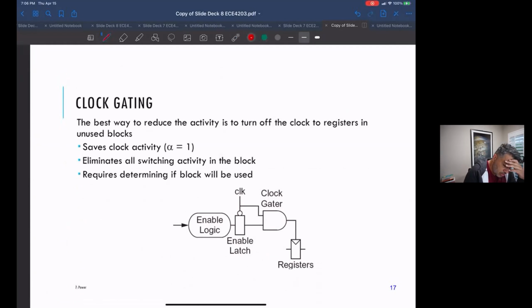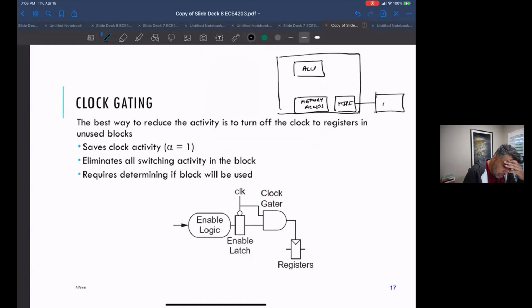Say we've got this chip with different blocks: ALUs and memory access, maybe you're driving some external display, maybe you're reading data from an external camera, and so on and so forth.